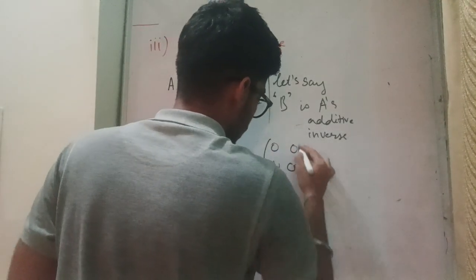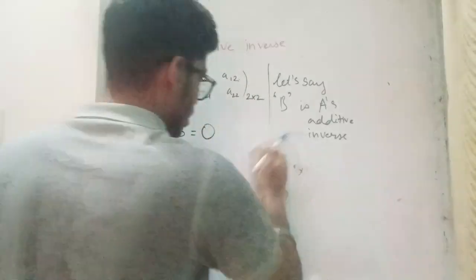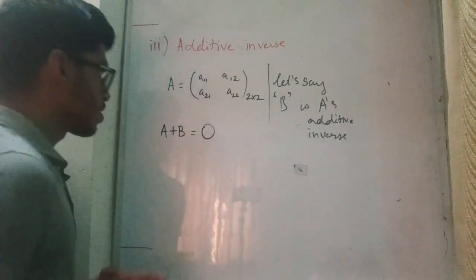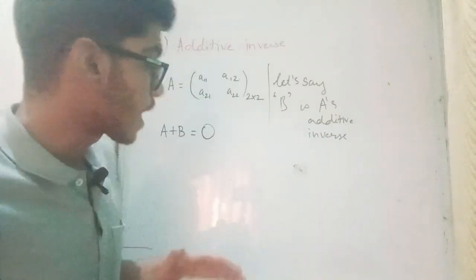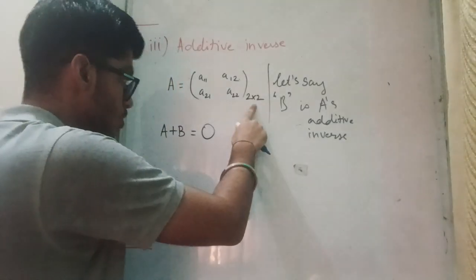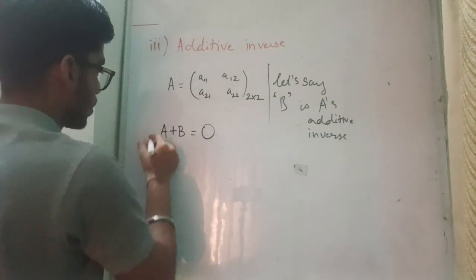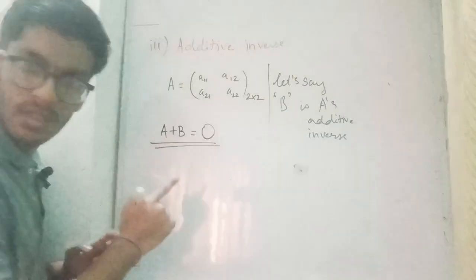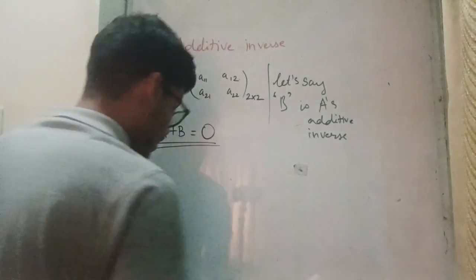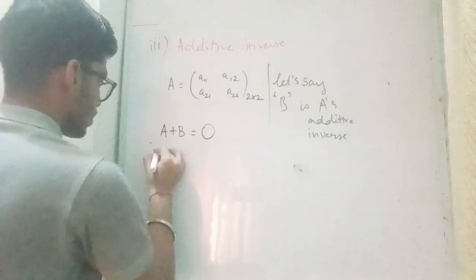This is a null matrix, right? Addition of matrices needs the two matrices to be of the same order, so the additive inverse will also have to be of order 2 cross 2, and it must satisfy this condition. Okay, so let's see what the structure of the matrix B will be.